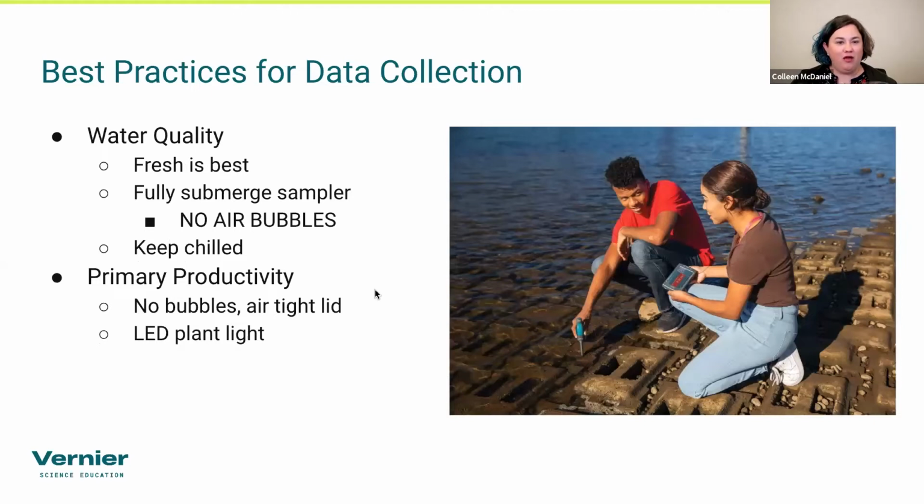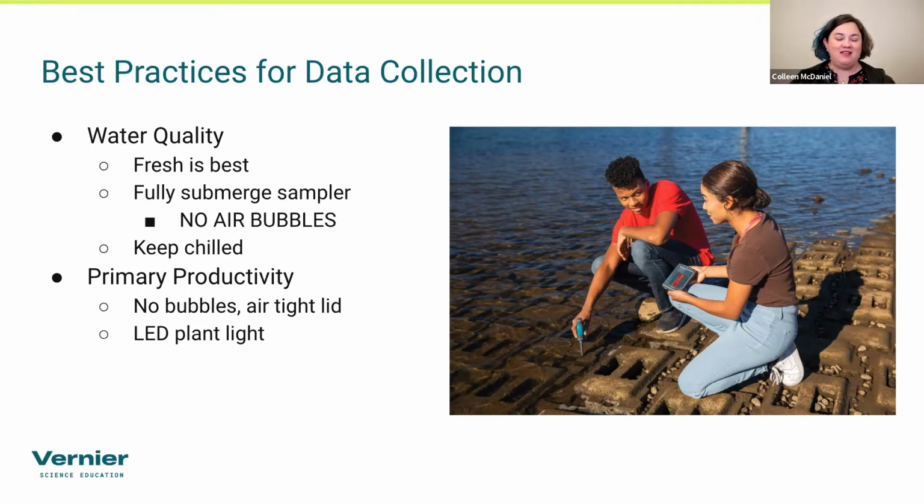So a couple more best practices for data collection. One of the more common things is that we're going to do a lot of dissolved oxygen reading when it comes to water quality. And when we do water quality, my kind of weird mantra is fresh is best.